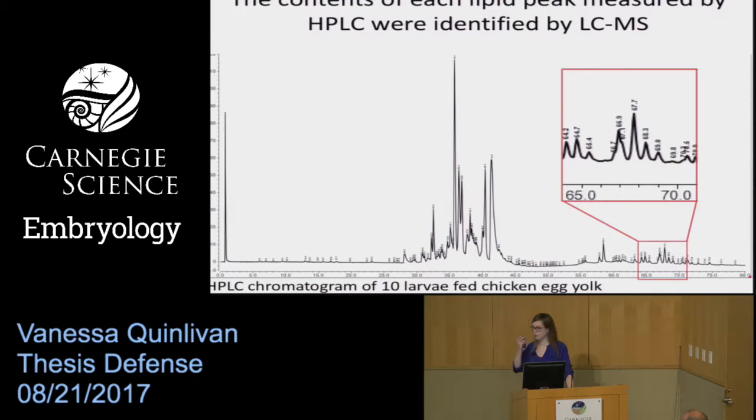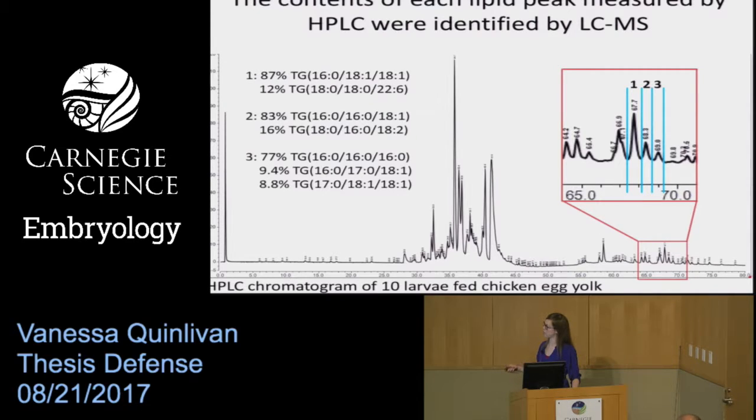To get from the mass spec data to the contents of each of these peaks, I basically lined up the retention times on this CAD trace with the retention times I got from the mass spec. I binned these peaks into different categories by retention time, and I was able to see that each of these triglyceride peaks, for instance, consists mainly of 2 to 3 different triglyceride species that run at the same point.